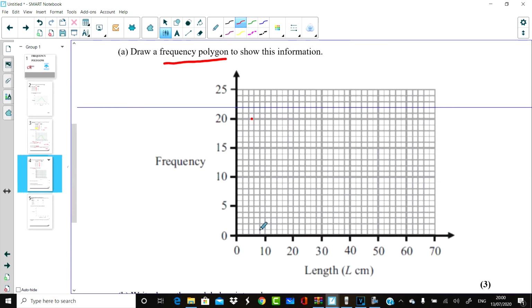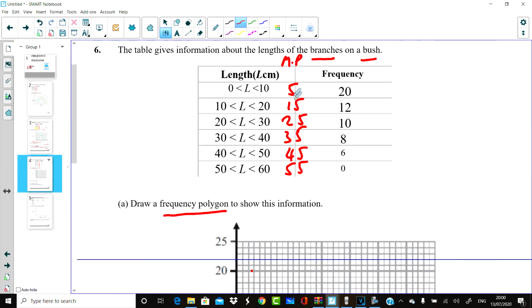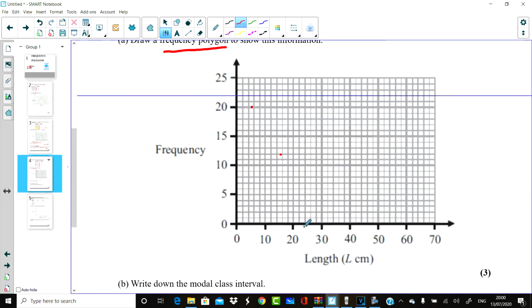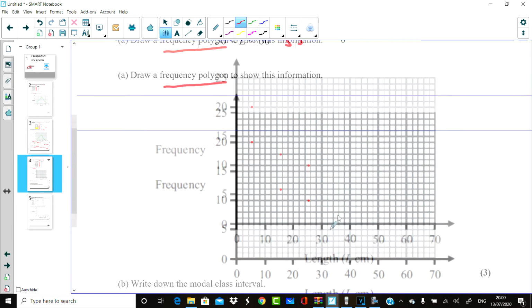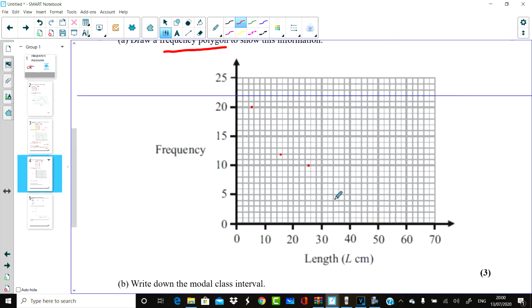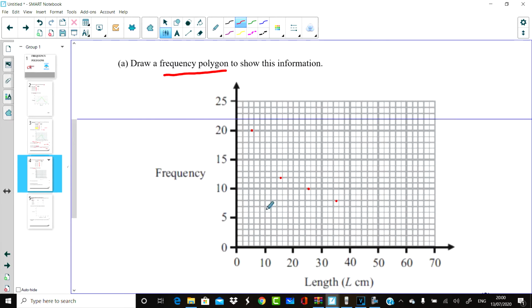Then we have 15 against 12. So 15 would be here, and then 12 would be here. Then we have 25 against 10, so that's 10 there. Then we have 35 against 8, so if 10 is over here, then 8 would be 2 below, so we have 35 against 8.